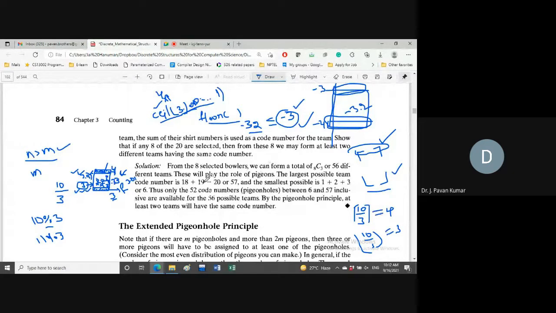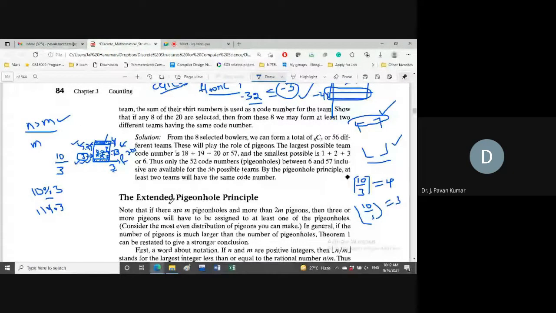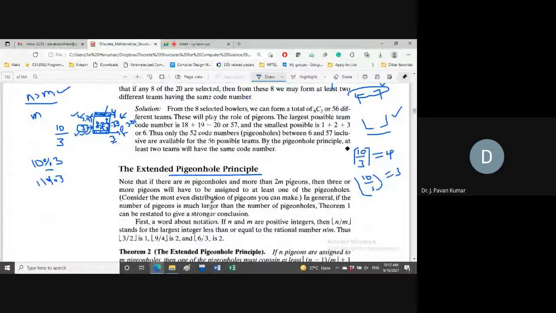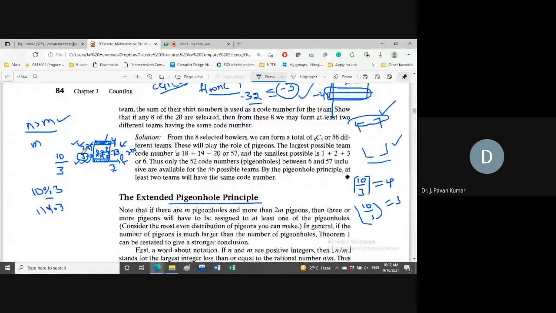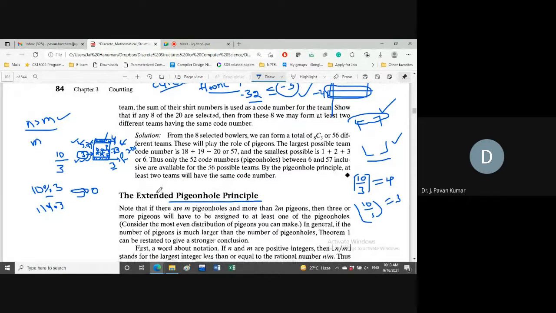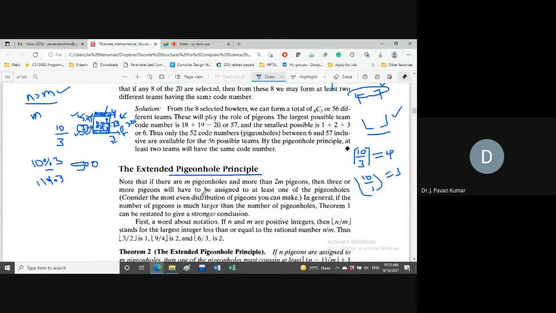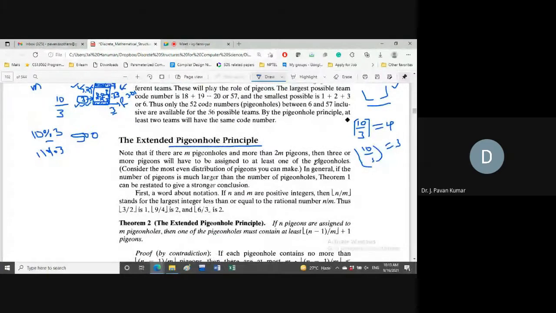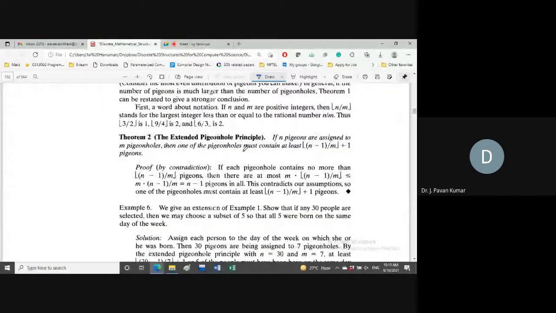Now consider the extended pigeonhole principle. According to the discussion we have made, 500 pigeons are there, 5 pigeonholes are there. Then what can we say about the pigeonholes and pigeons? This is the intuition we have discussed.